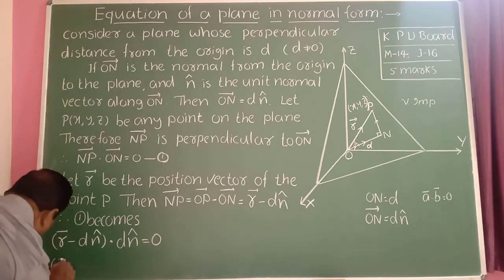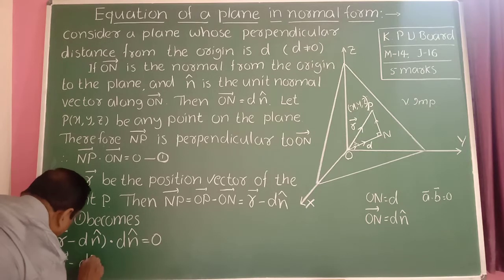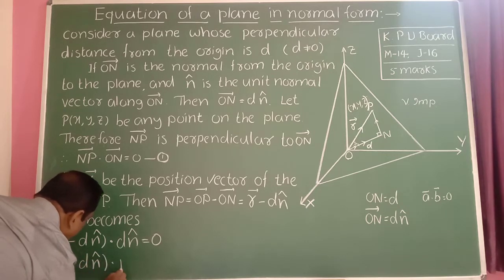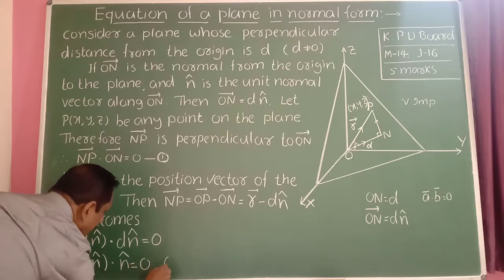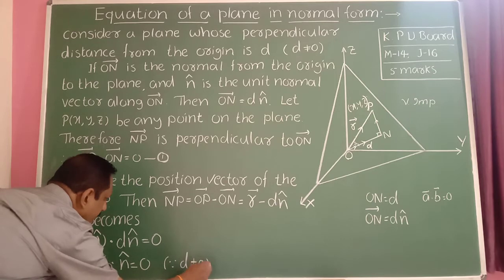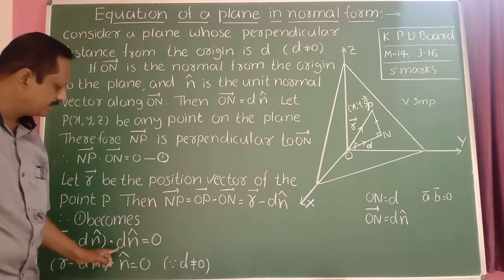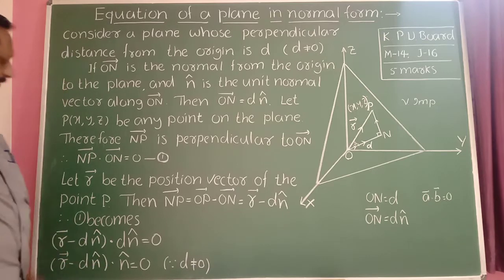Hence, R bar minus D into n cap dot of n cap is equal to 0, because here D is not equal to 0. Let's take this D to the right hand side here, 0 upon D becomes 0, remaining only n cap here.